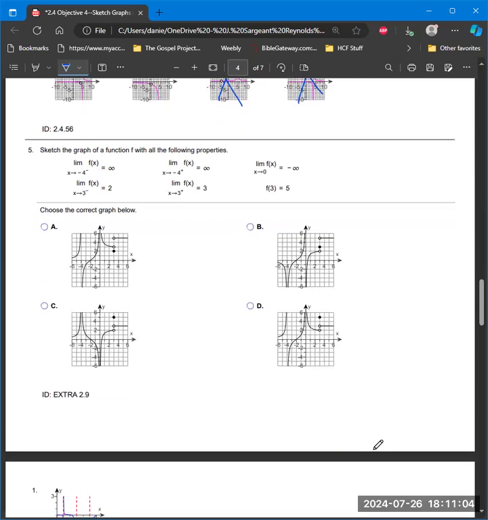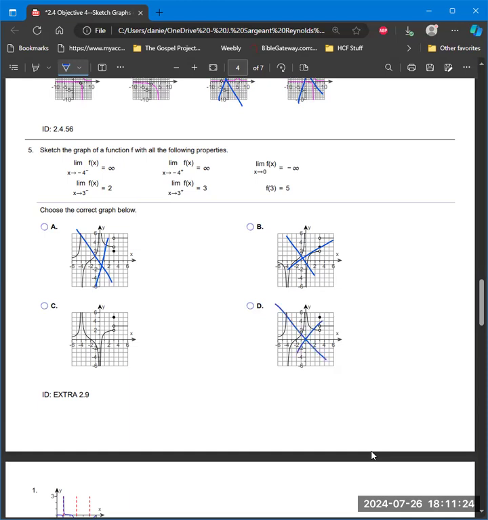All right. Now sketch a graph for the function with the following properties: as I come at 4 from the left, I go to positive infinity. As I come at 4 from the right, I also go to positive infinity.